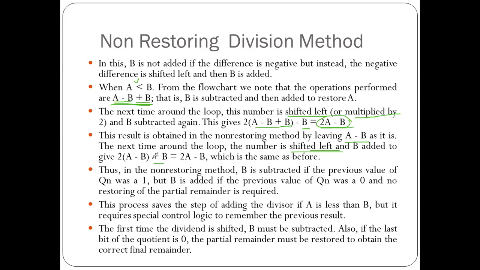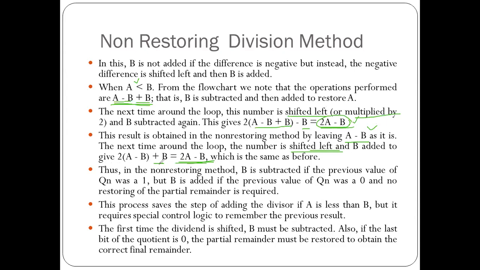If you add B to it, you'll be getting again 2A minus B, the same result. Rather than adding B here itself, I will shift left side and then add B, so that I'll be getting the same 2A minus B as in restoring method. Am I clear?